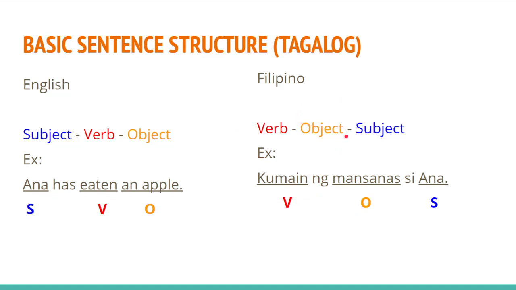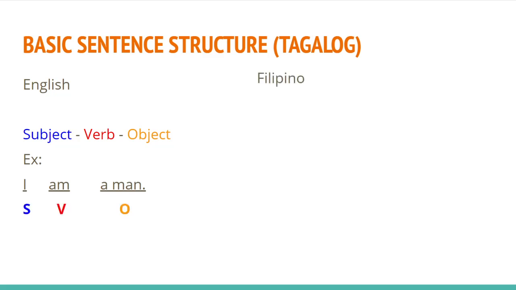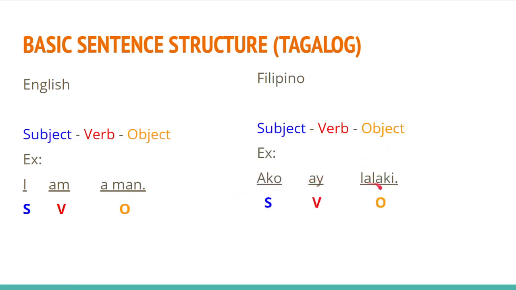If you ask me, some Filipino words don't really translate the same in English. It depends on the sentence that we construct in our daily conversation. For example, I am a man. In Filipino, it is ako ay lalaki or ako ay tao.